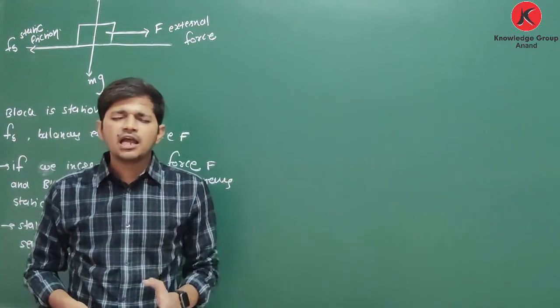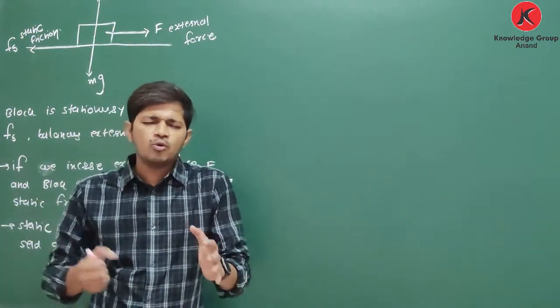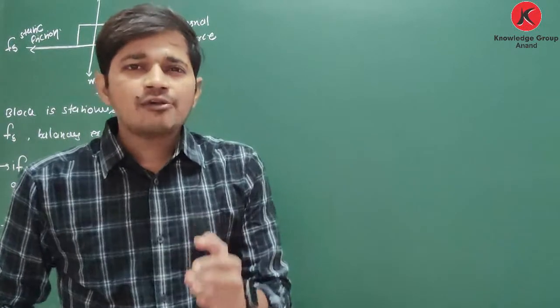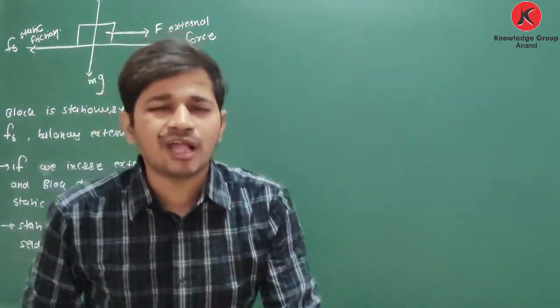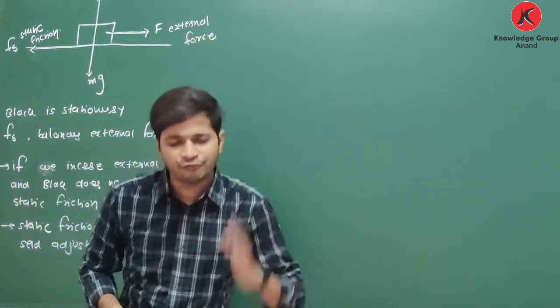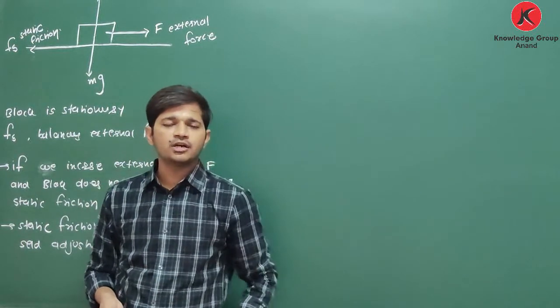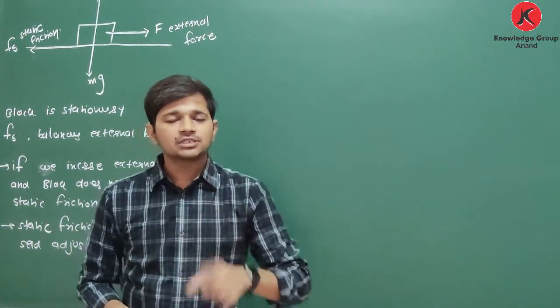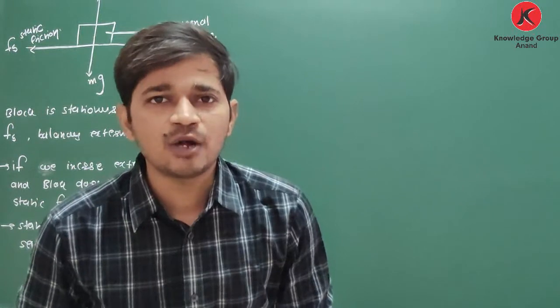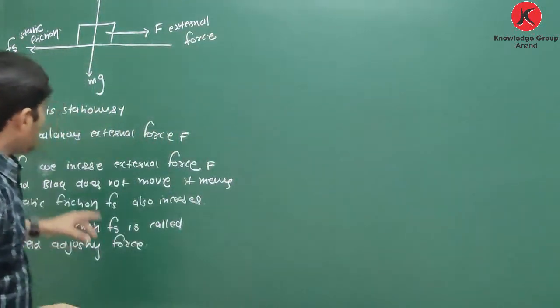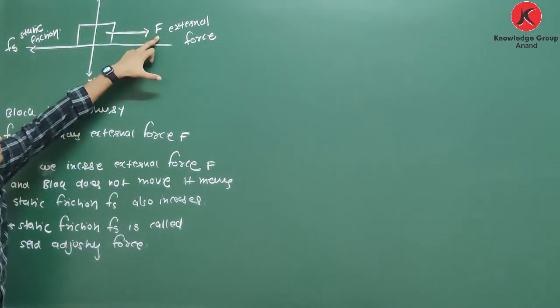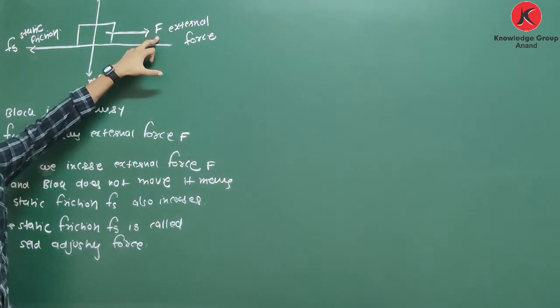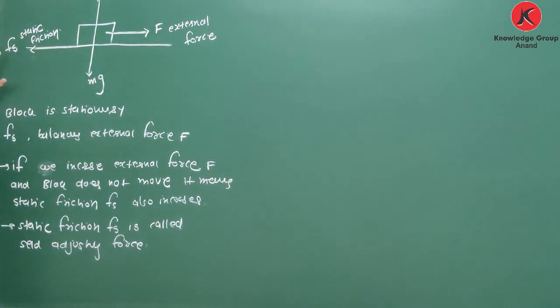But we know that if we apply more and more external force, after some particular value of external force, the object will come in motion. Clear about this? So yes, for that particular value of external force, we will have some particular value of static friction called maximum static friction.